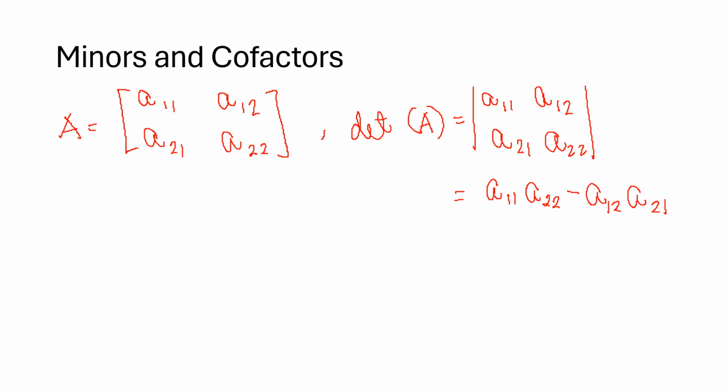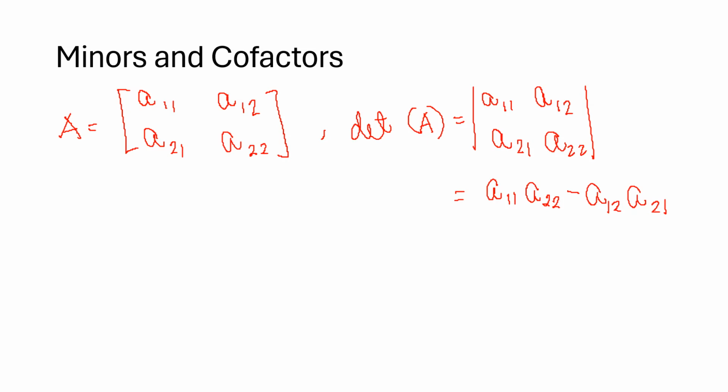Now, we will define the determinant of a 1 by 1 matrix A as A11, the same.